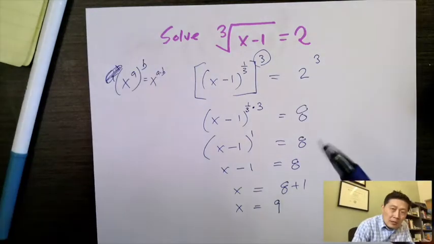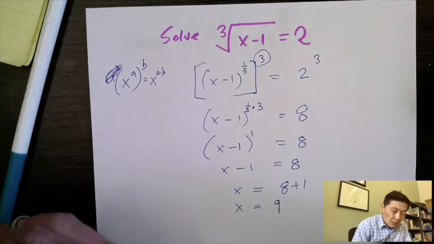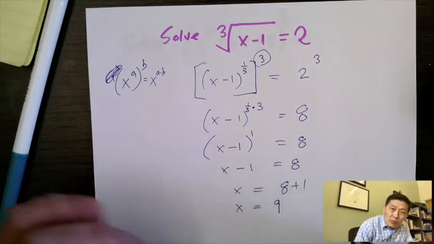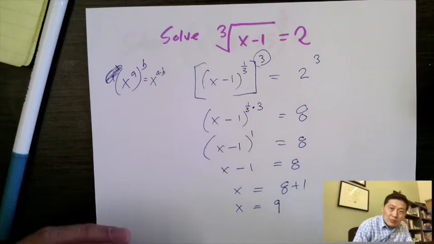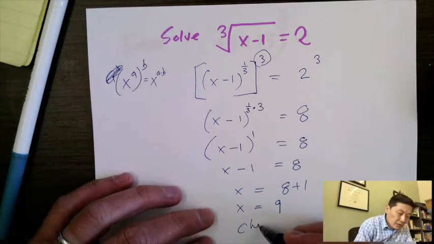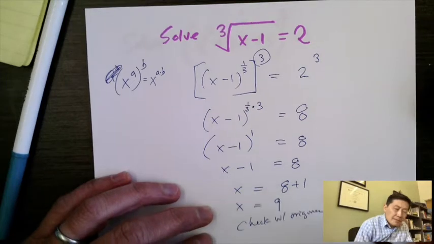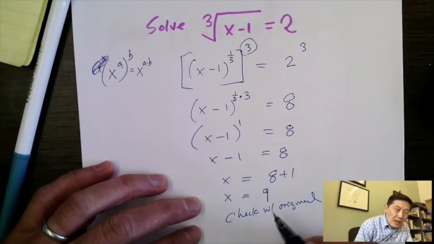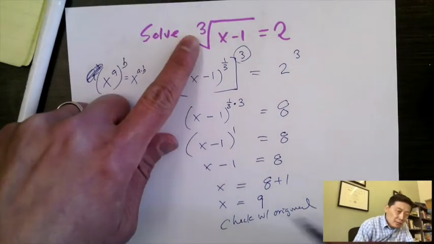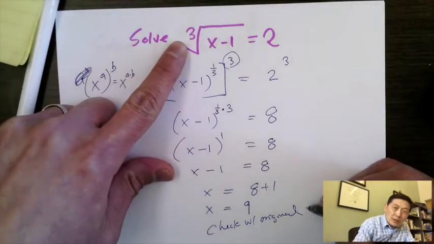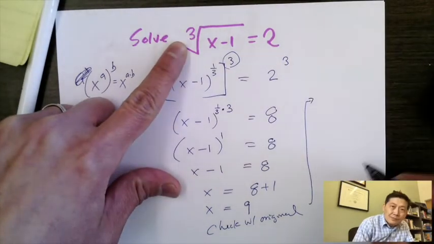So you gotta check the answer to see whether this still fits the original equation or not. So we check with the original, putting the 9 back into the previous part. I'll do the checking right here.